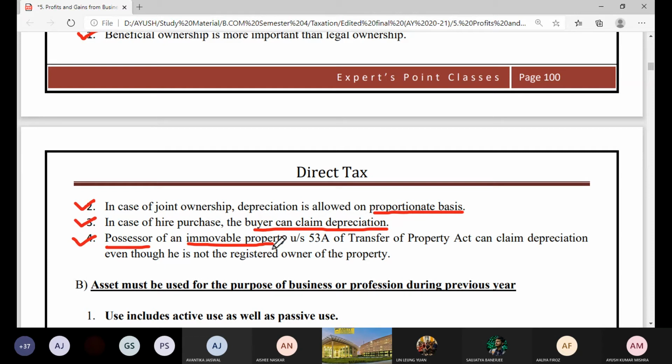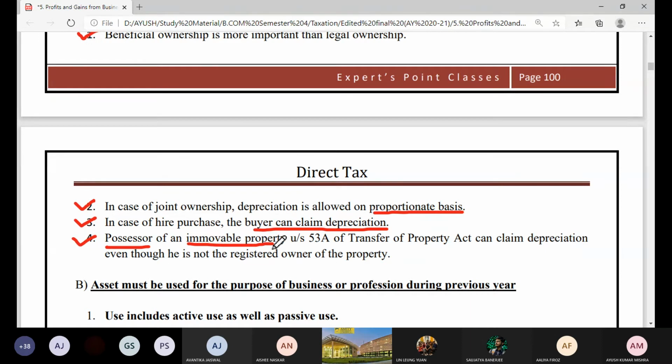Now, why this? Suppose there is a house which is owned by a Mr. X. He died and he had two sons, Z and Y. Z was living in the US. He has a job in the US, and Y is living in India. He's enjoying the property. Now, due to some reason, Z filed a suit against Y for the division of the immovable or impartible property.